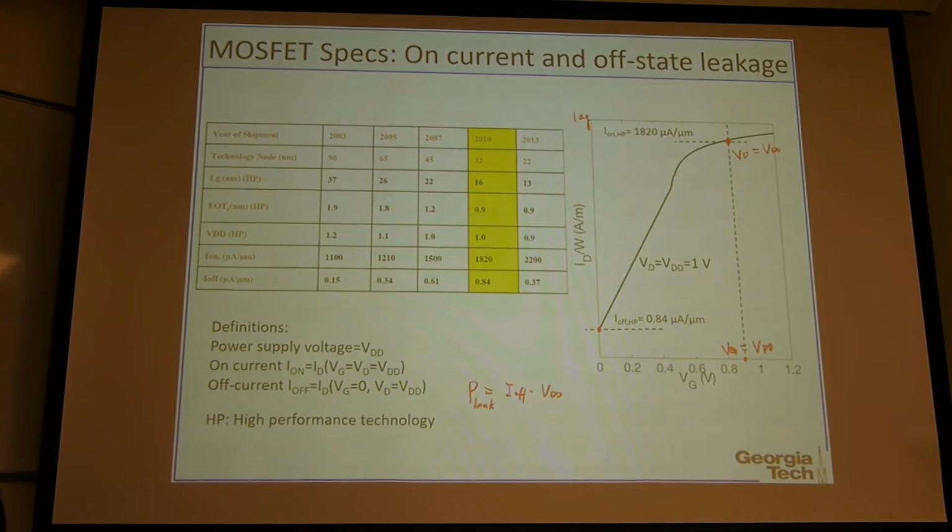And you think about how many transistors there are on the chip, as we discussed at the very beginning of the semester. There are like 1 billion transistors on your processor. So you can imagine the power. Although each is small, you have billions of transistors on the chip, so you will have a lot of leakage. This is the impact of the off-state current on the leakage power.